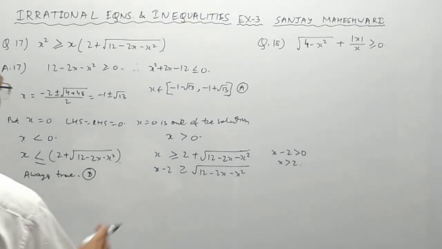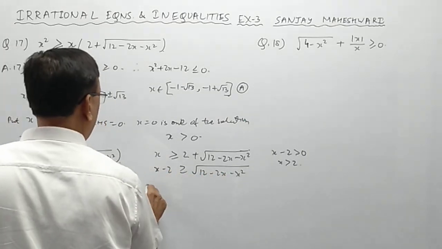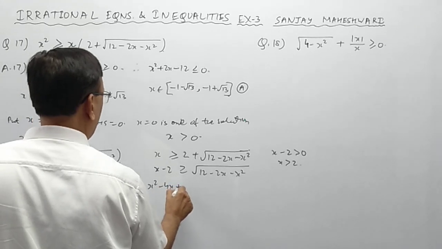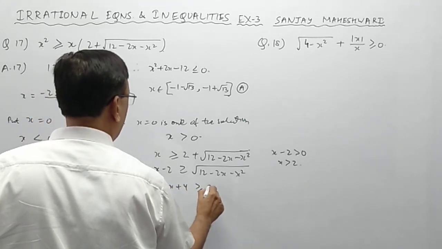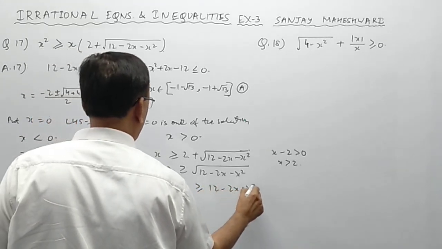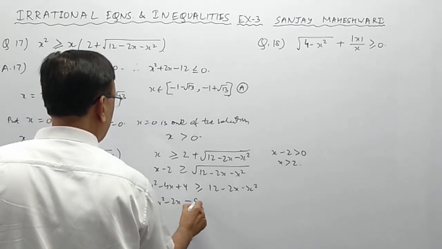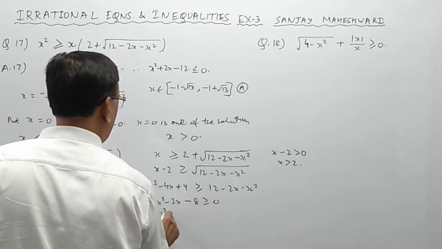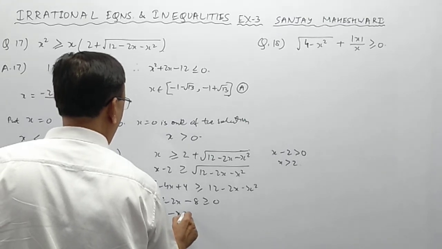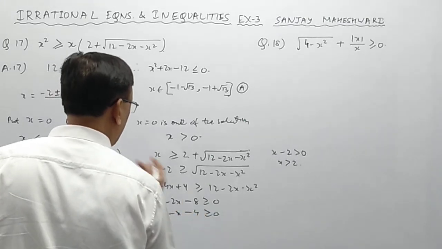Now squaring it. Both sides are positive, so we will square it. x square minus 4x plus 4 is greater than or equal to 12 minus 2x minus x square. Therefore, 2x square minus 2x minus 8 greater than or equal to 0, so x square minus x minus 4 greater than or equal to 0.